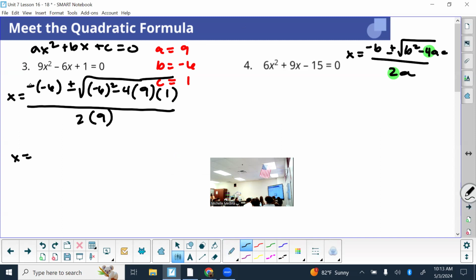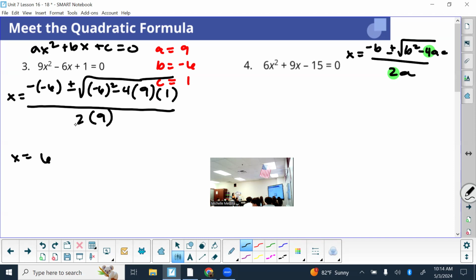Table 9, what happens with the -6? What's a -1 times -6? Okay, good.